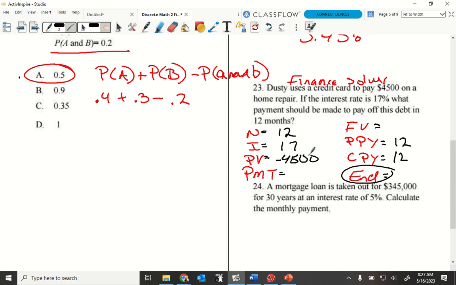Okay. We're going to calculate the payment, which is PMT. Future value of any loan needs to be what? 0. That's important there. And so go through and plug that in, and you guys are going to calculate payment for me.